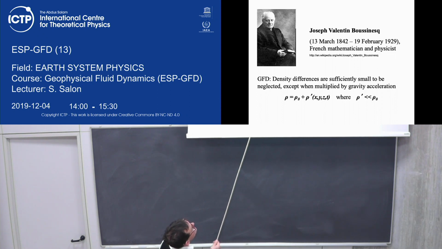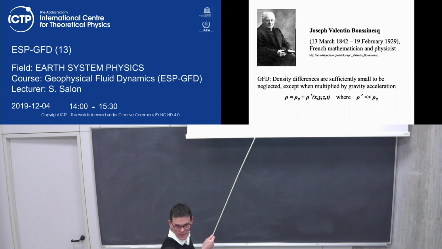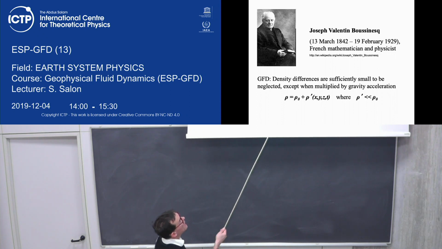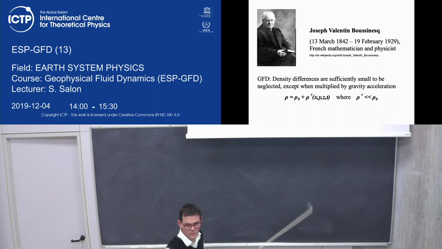So we can express the density field as the sum of a background density rho zero plus a perturbation rho prime, where rho zero is a constant, which can be 1.2 kilogram per cubic meter in the atmosphere or 1028 kilogram per cubic meter in the ocean, and rho prime is a function of position and time. But rho prime is much smaller than rho zero.